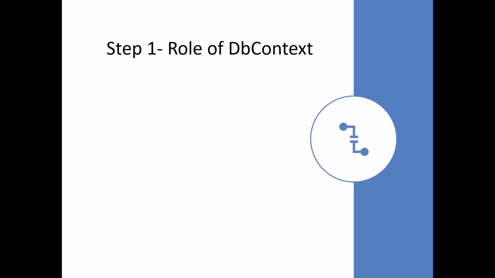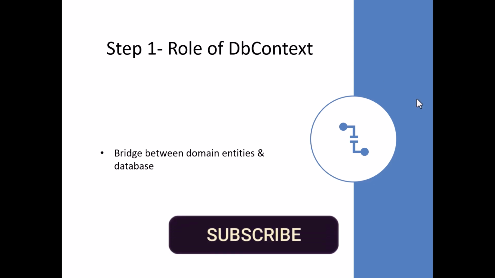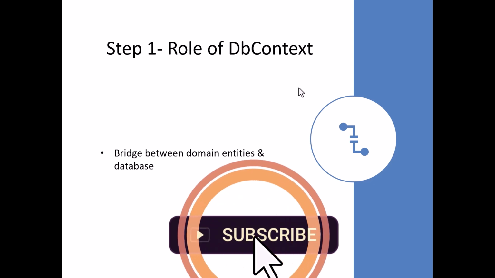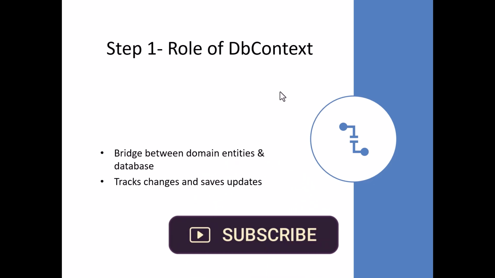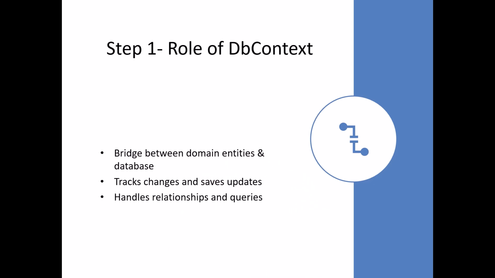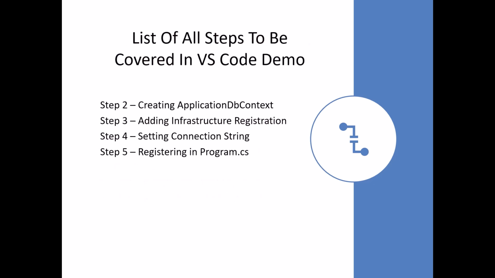The first step is the role of DbContext, which is a bridge between the domain entities and the database, and which tracks changes, saving updates, and managing relationships. Next we'll see what the steps involved in this process are in today's lecture.